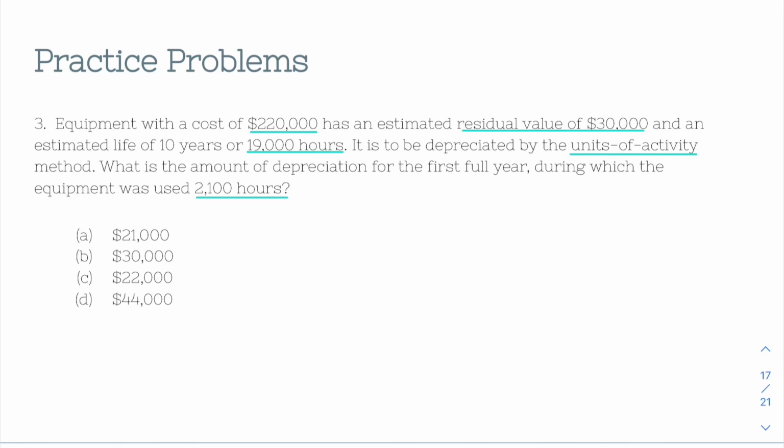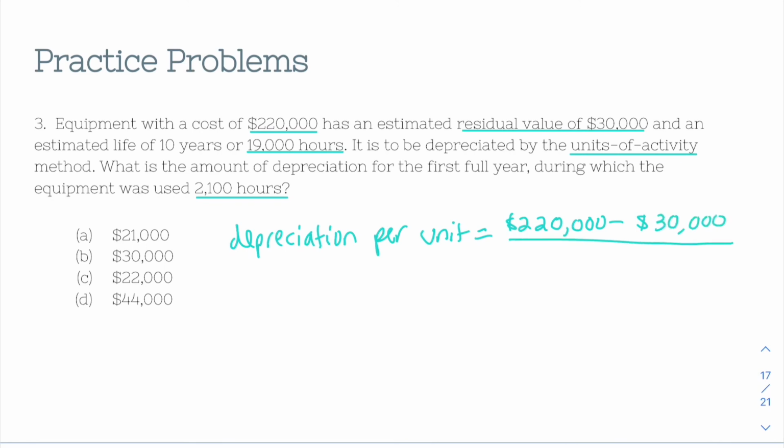So our depreciation per unit is going to be the cost, $220,000, minus the residual value of $30,000, divided by the total units of activity, so that is going to be 19,000 hours. And if we do that calculation out, we get $10 per hour in depreciation expense.